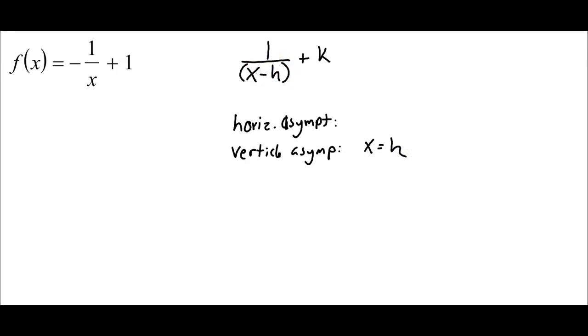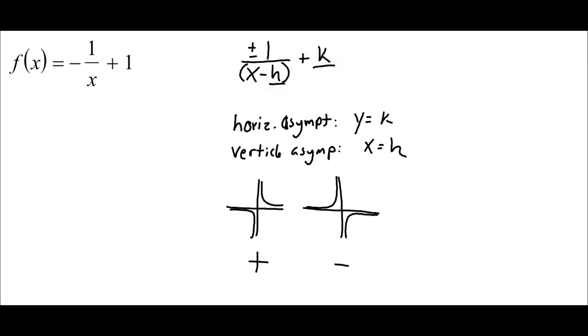That makes it an opposite. And then the horizontal asymptote will be the K value. If we have a positive value, then our graph will look like that. Whereas if we have a negative value, then my graph would look like that, where those vertical and horizontal lines represent the asymptotes. So if your H and K are ever missing, that means they equal 0.